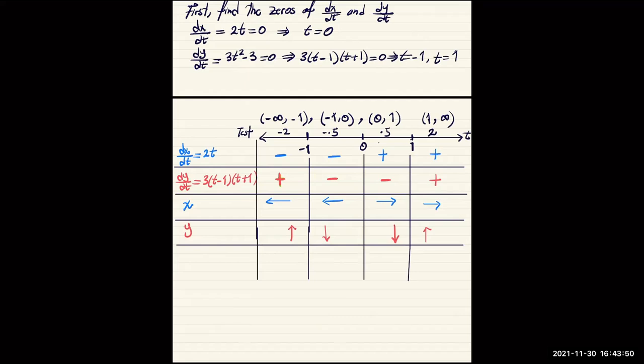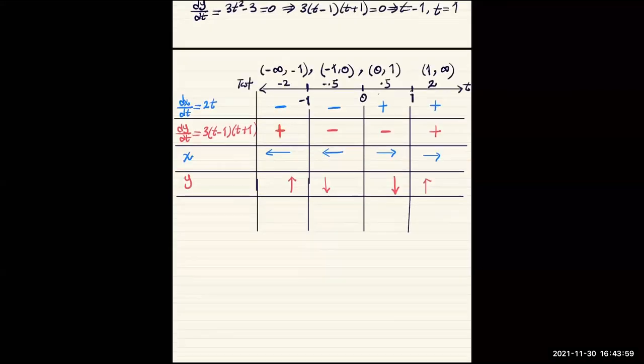All right, so finally, this tells us what's happening with the curve. This is going to give you the sign of, or the motion or orientation of C. Over this interval, the movement is up, left.